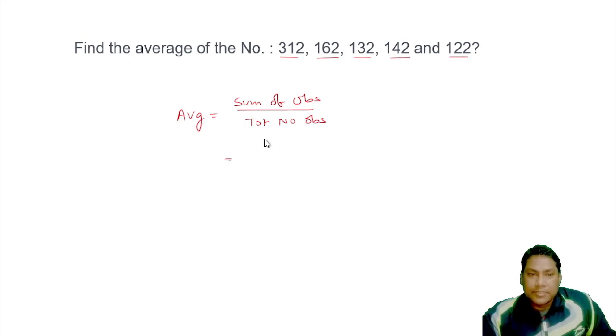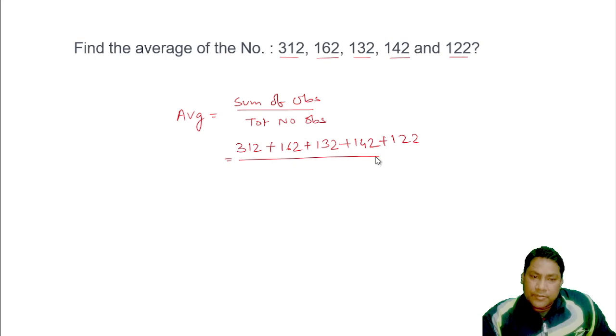Here the observations are 312 plus 162 plus 132 plus 142 plus 122. The total number of observations here is 1, 2, 3, 4 and 5. So we will divide it by 5.